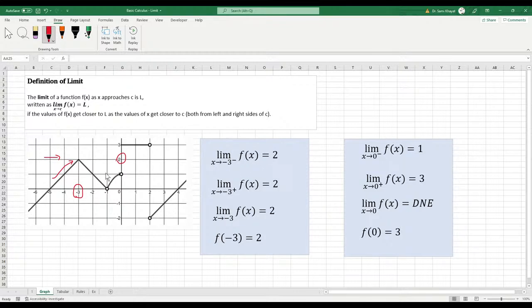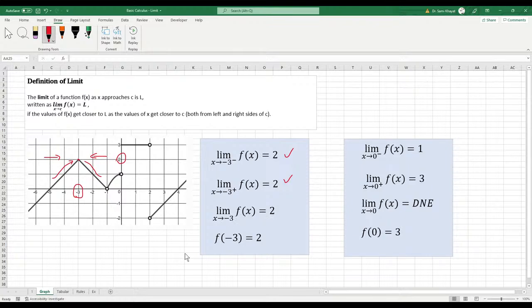Okay, let's see if we approach this one from the right side. If we go from here, we will reach the same point, which is also 2. This 2 equals this 2. That's why we say the limit of x approaching negative 3 of this function equals 2.